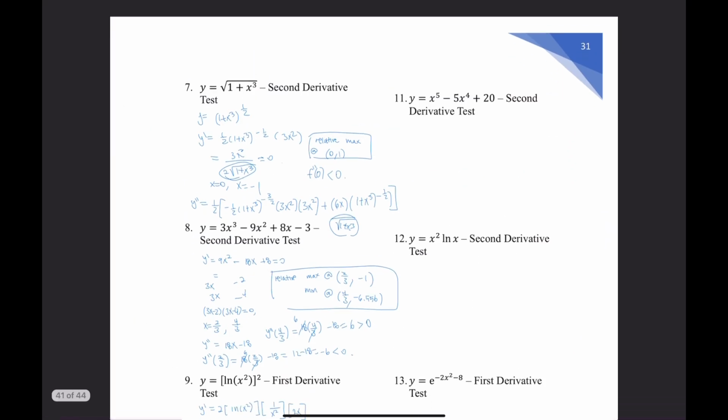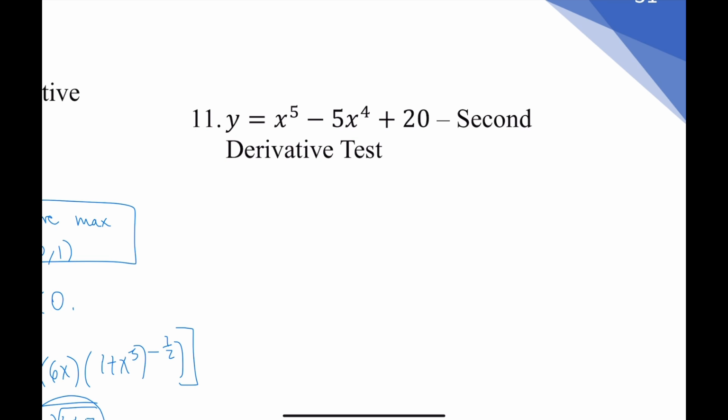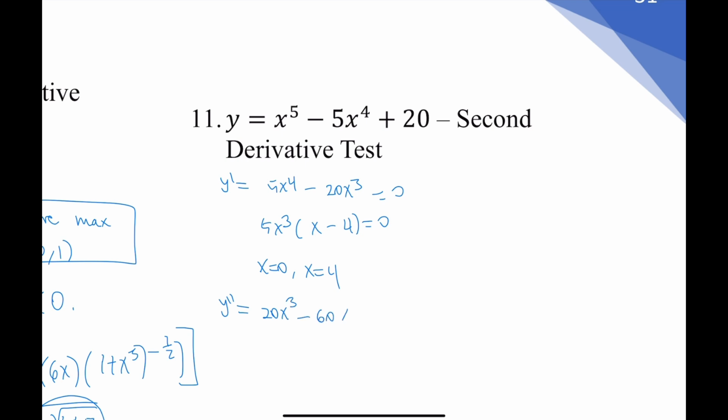Alright, and then moving on to number 11, we have a polynomial. Y prime equals 5x to the 4th minus 20x to the 3rd. Okay, and let's find out when this is equal to 0. So 5x to the 3rd times x minus 4 equals 0. So x equals 0, x equals 4. Okay, let's find the second derivative, which would be 20x to the 3rd minus 60x to the 2nd, right?